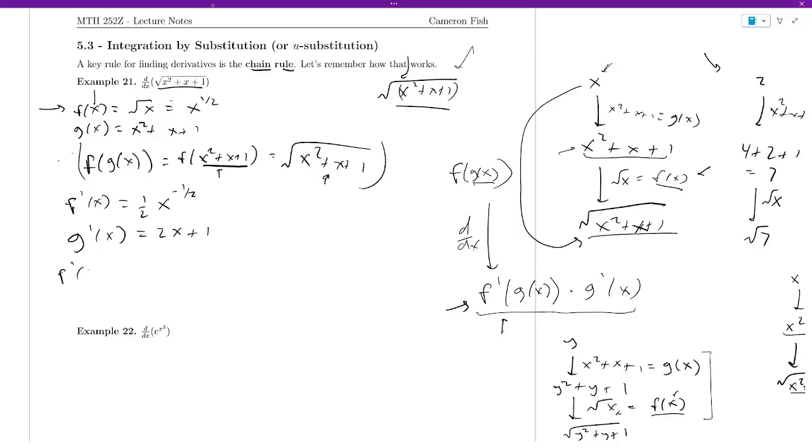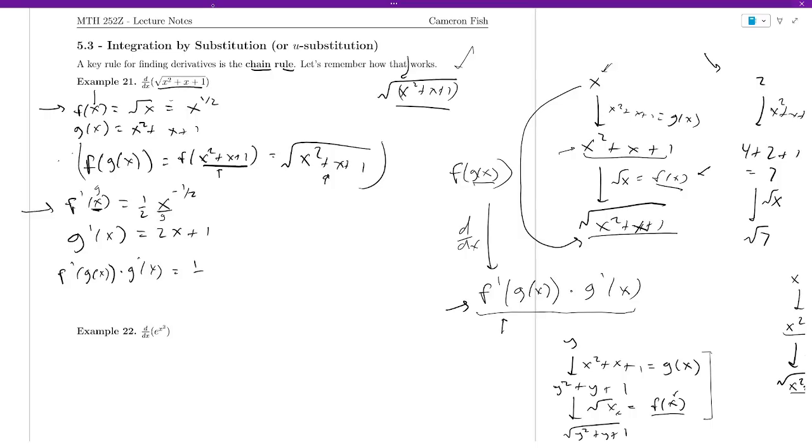So f prime of g of x times g prime of x. Just write everything down. f prime of g of x. So here's f prime. I gotta plug g in as the input. So g is gonna go here. That means g is gonna go in the place of this x.